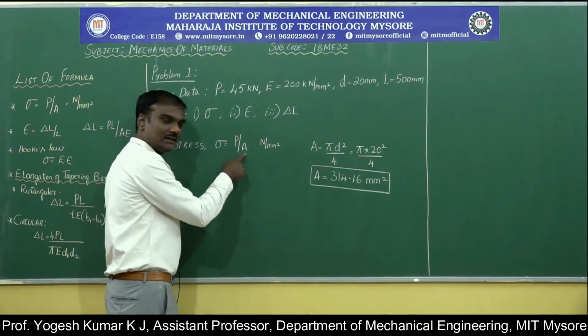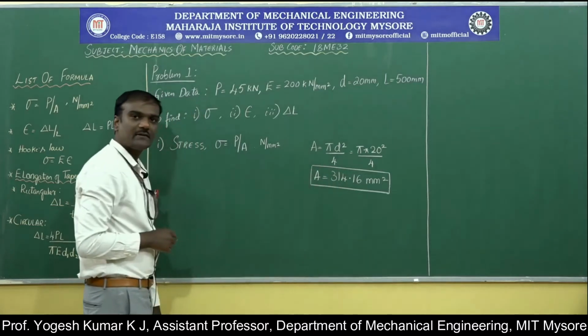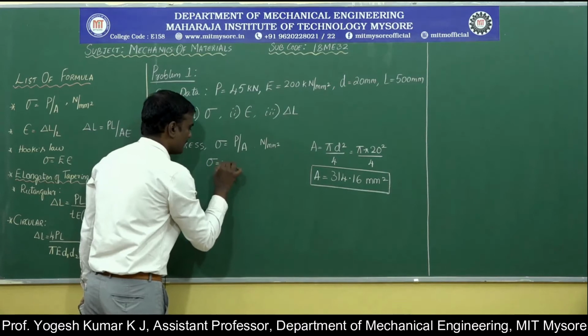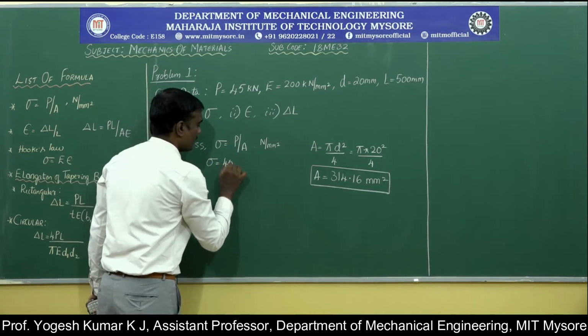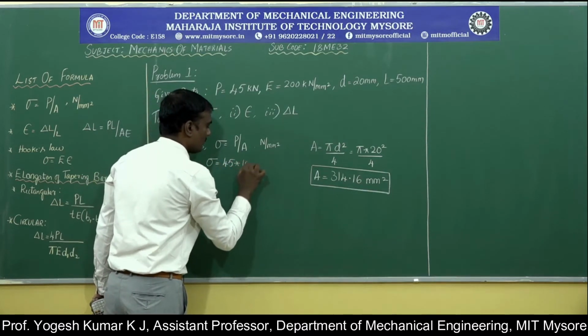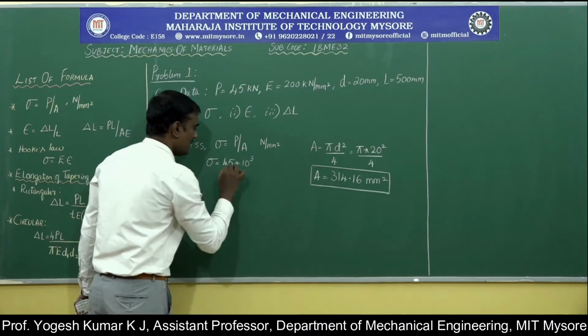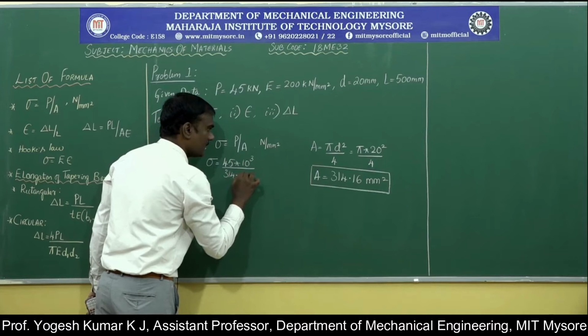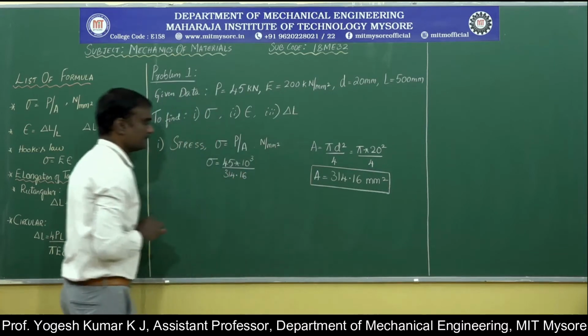We know the denominator, that is the area of the member, as 314.16 millimeter square. Now let us substitute: sigma equals 45 kilo, means 10 power 3, divided by the area 314.16.